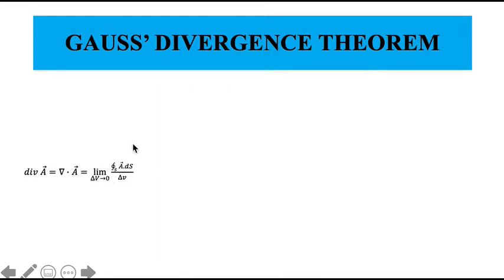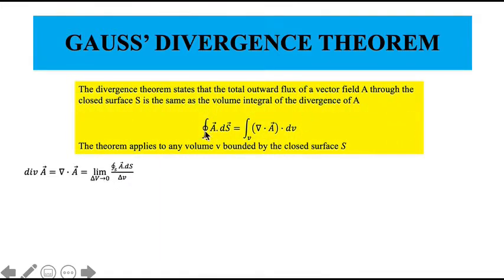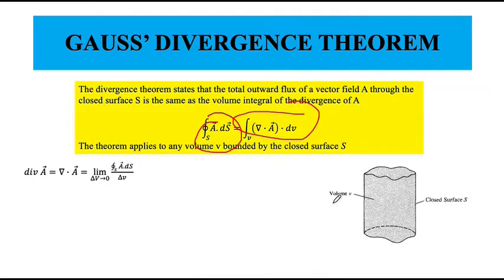By this definition we will get the divergence theorem statement, and the divergence theorem states that the total outward flux of vector A through a closed surface is the same as the volume integral of divergence of A. To prove the divergence theorem, subdivide the volume into a large number of small cells.